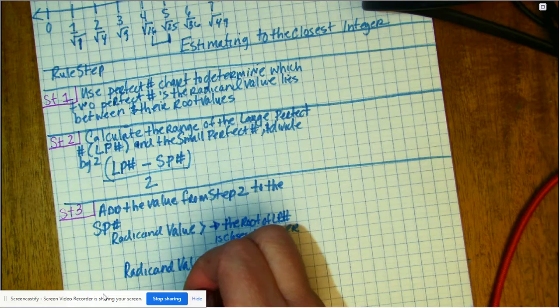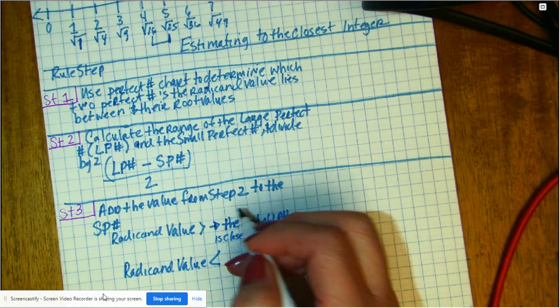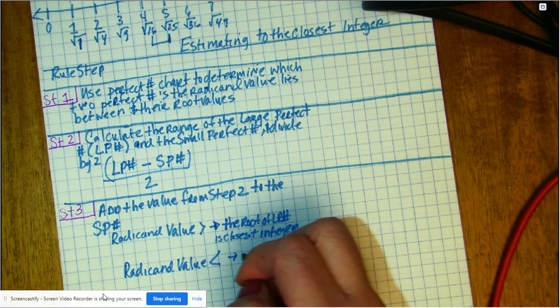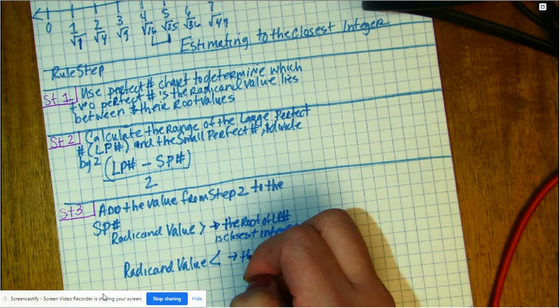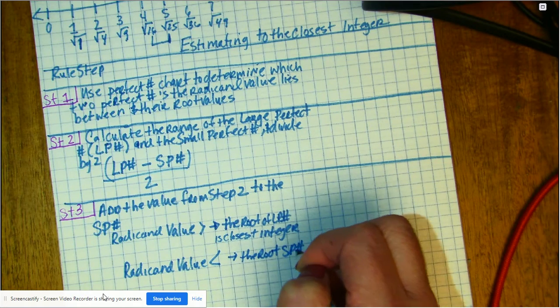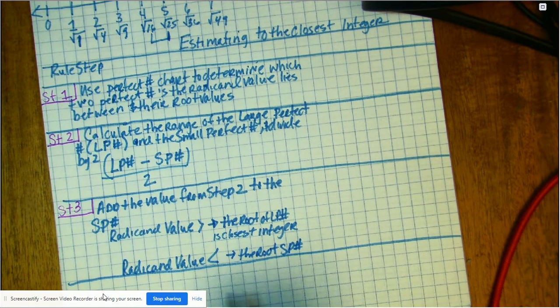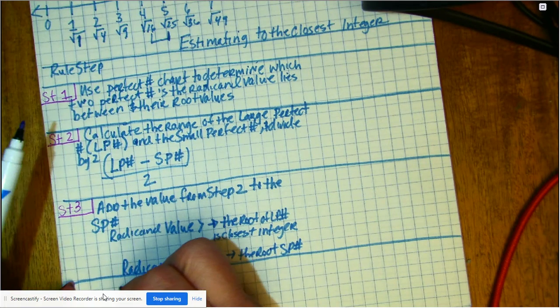If the radicand value is less than what we came up with, the root of the small perfect number is the closest integer. And then lastly, of course, we should have our answer.